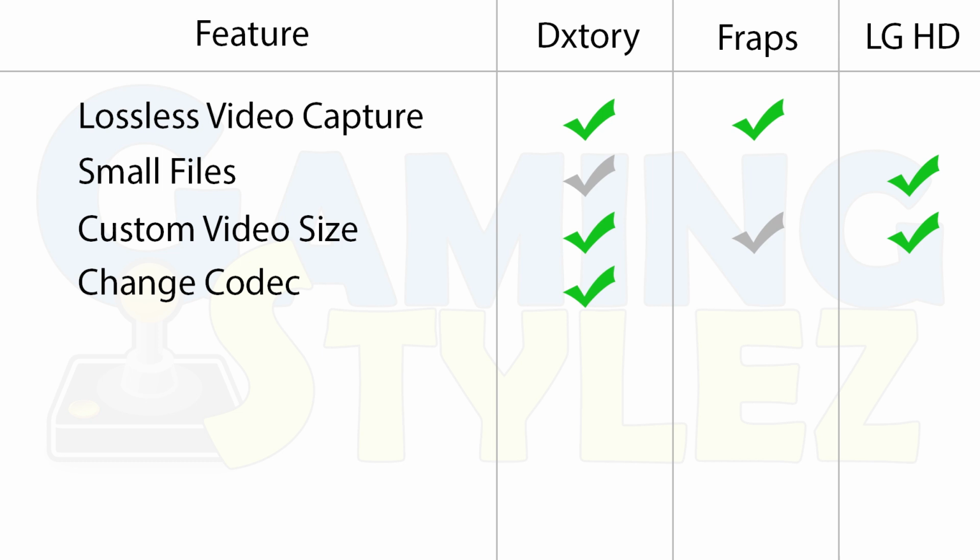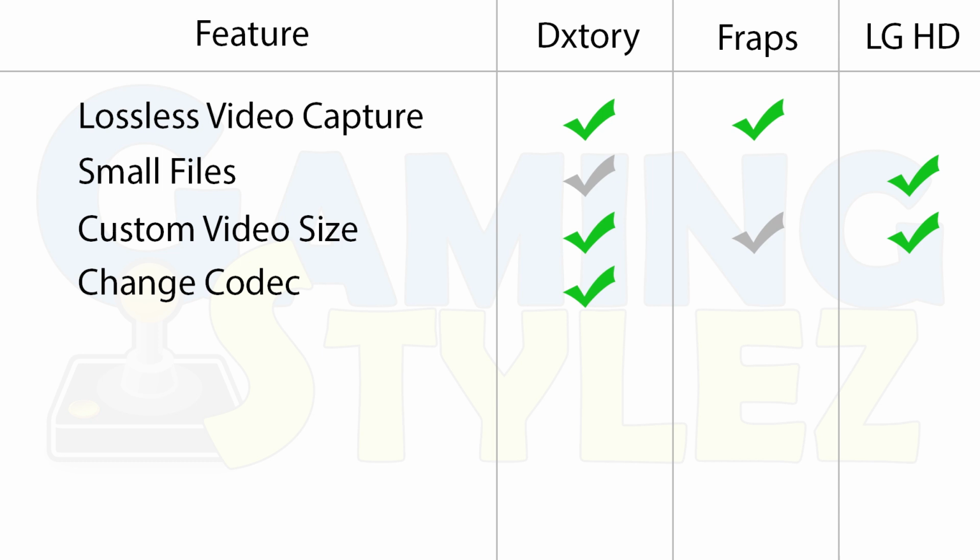So, for instance, if you're recording with Dxtory, you can tell it to encode to DivX or Xvid, or lately I've been using the Cineform codec that came with my GoPro software, and that seems to work pretty good. Now, this is the only software solution that lets you do this that I know of anyway.